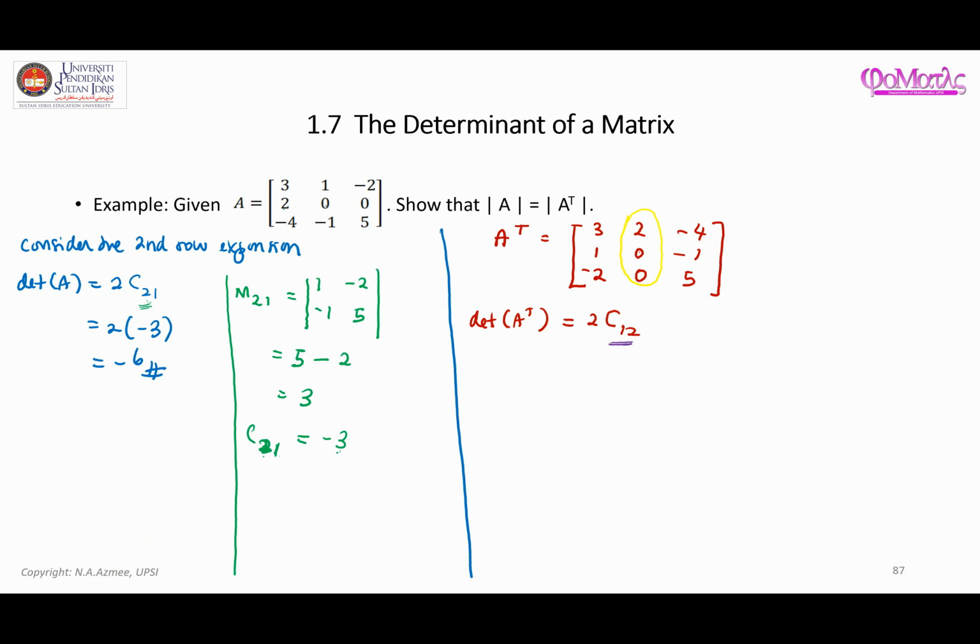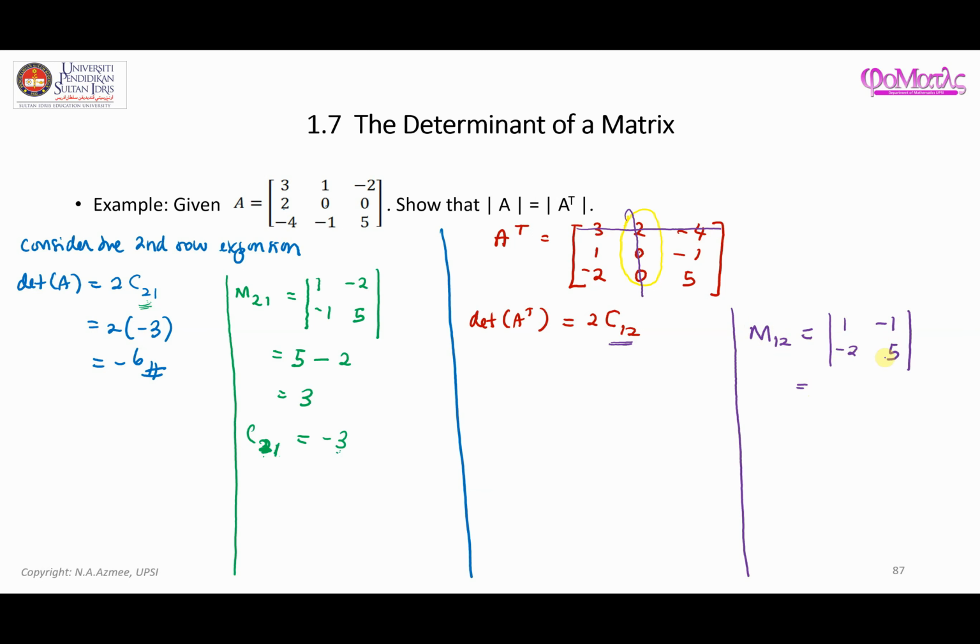So C1,2 is just, first we got to find what is M1,2, which can be obtained by deleting the first row and second column. So we get this matrix, -2 and 5.